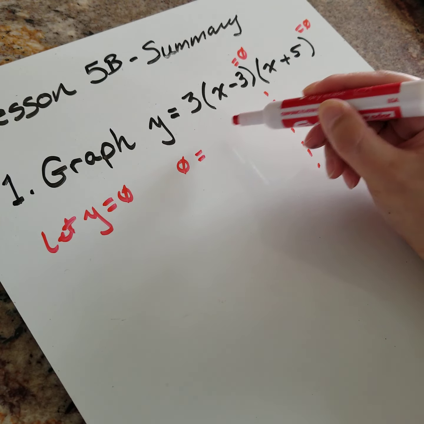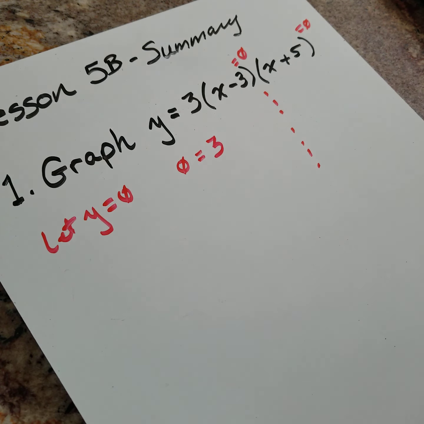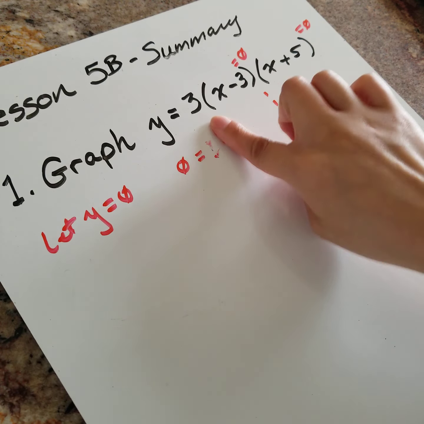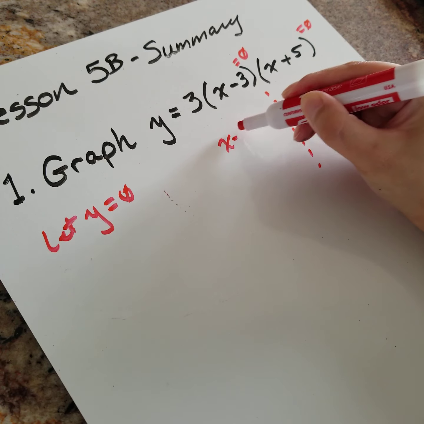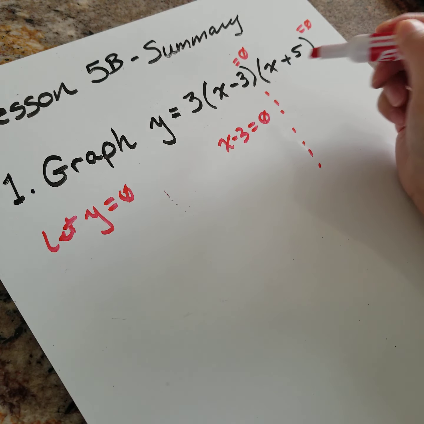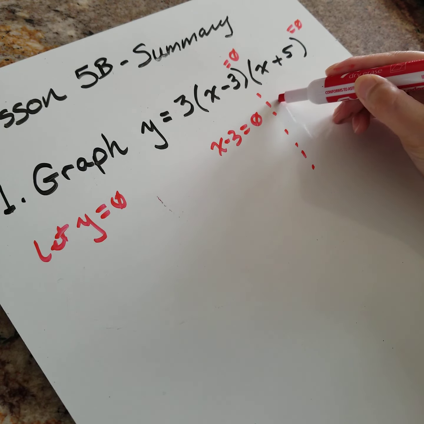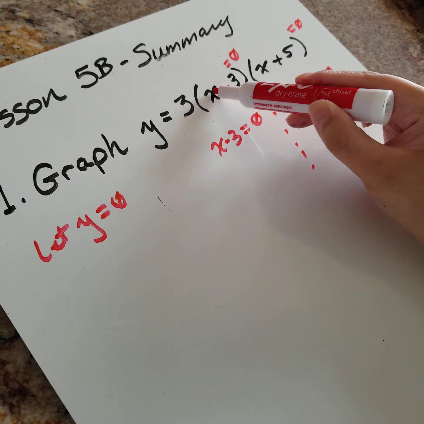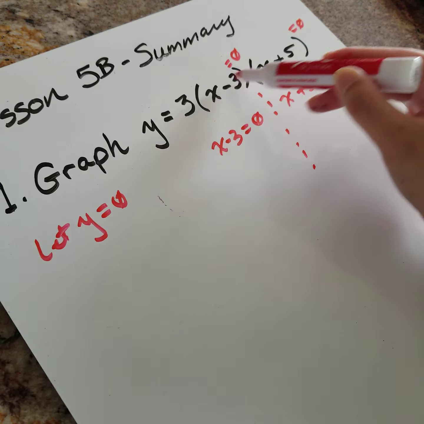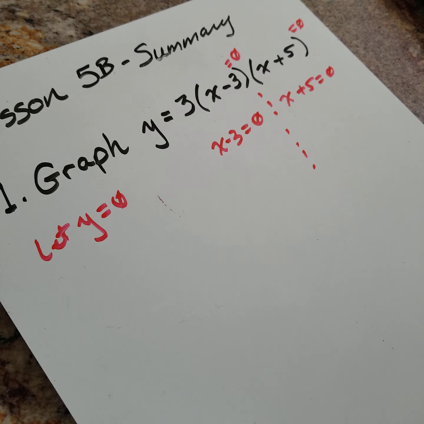So let's rewrite it. We don't actually need this. So this would be x minus 3 is equal to 0. So I'm writing this equation here. And then x plus 5 is equal to 0. So I want to know what value of x here or here will make this whole expression equal to 0, because we're multiplying. So let's isolate for x.